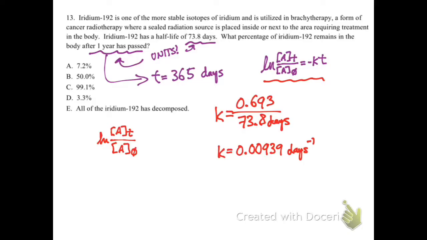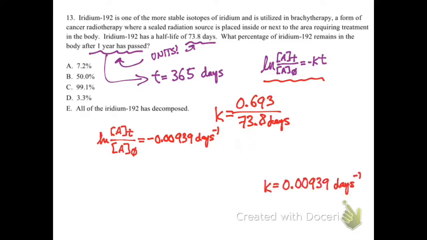Well, we're trying to find the percentage, so once we find that, all we'll have to do is multiply by 100. It's equal to negative K, so negative 0.00939 days to negative 1 times our T, which is 365 days. Days times days to negative 1 cancels out.